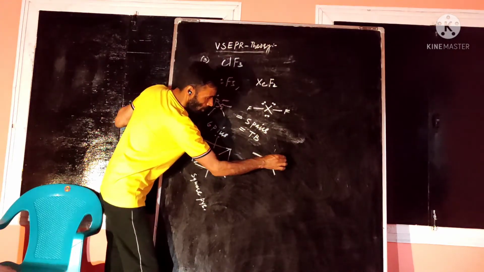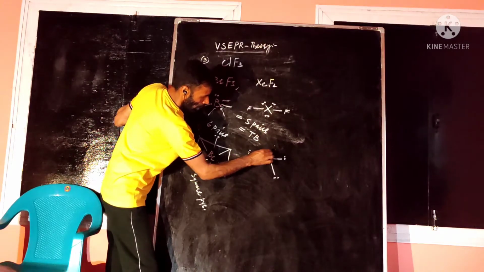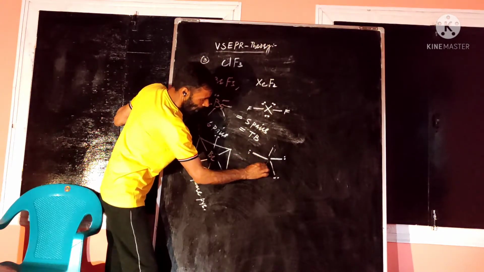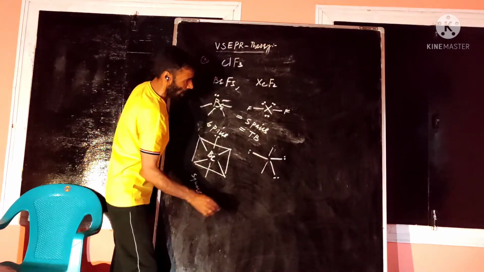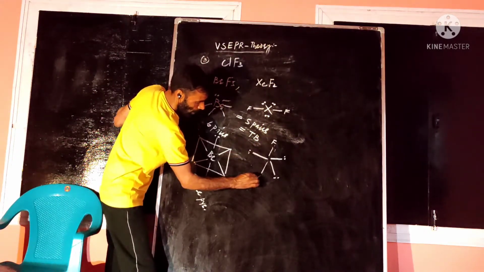So keeping the 3 lone pairs here, one bond pair is above the plane of the triangle and one below.